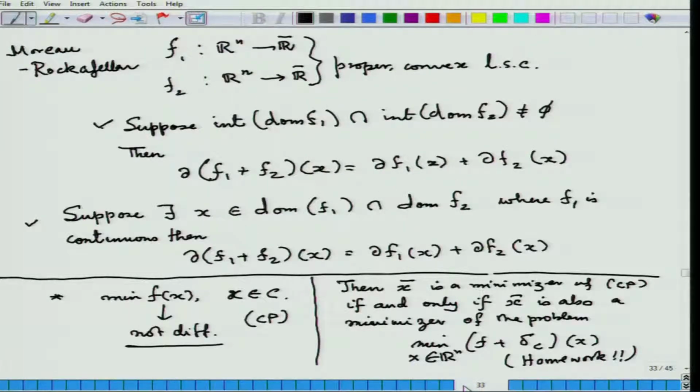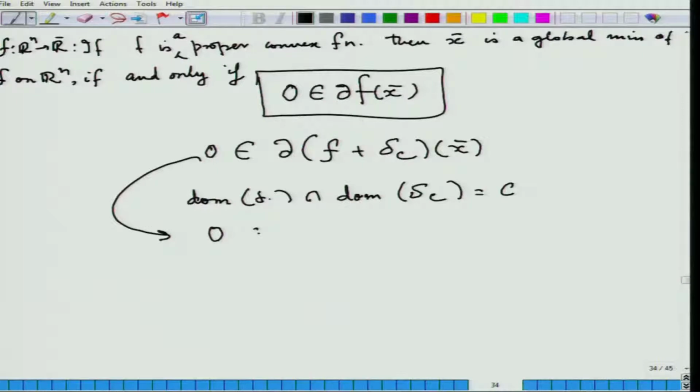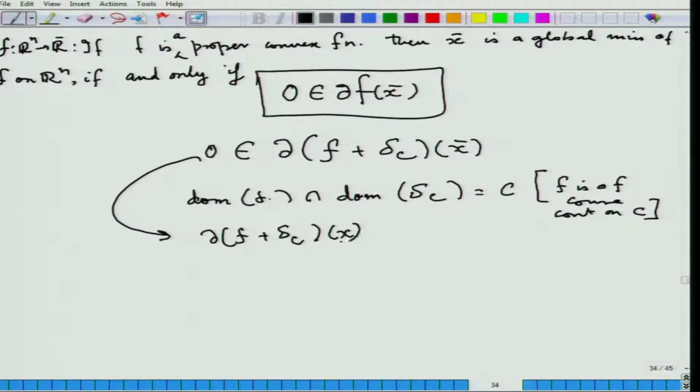And f is of course continuous on C. So, this will lead us to the fact that del of f plus del c of x is del of f at x plus del of del c at x.